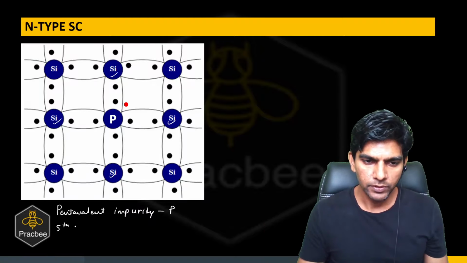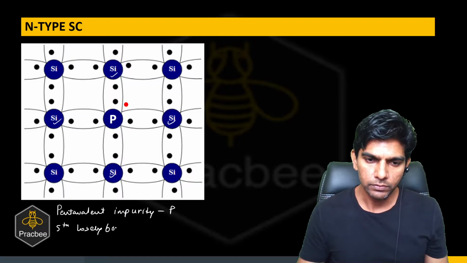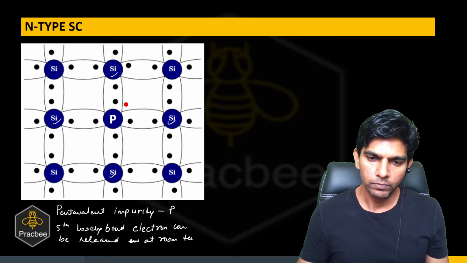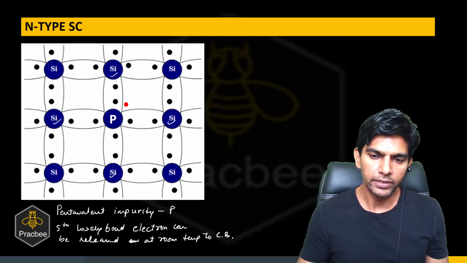So the 5th loosely bound electron can be released at room temperature to the conduction band.